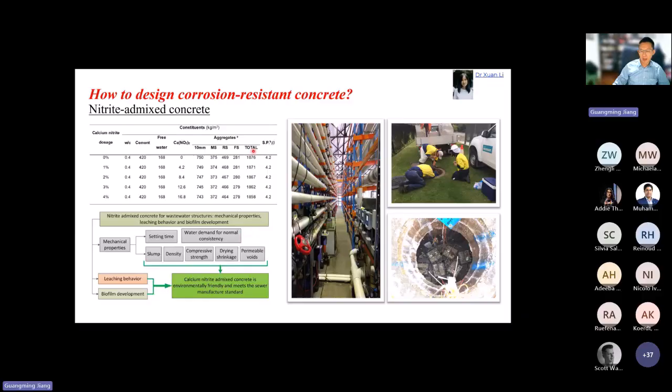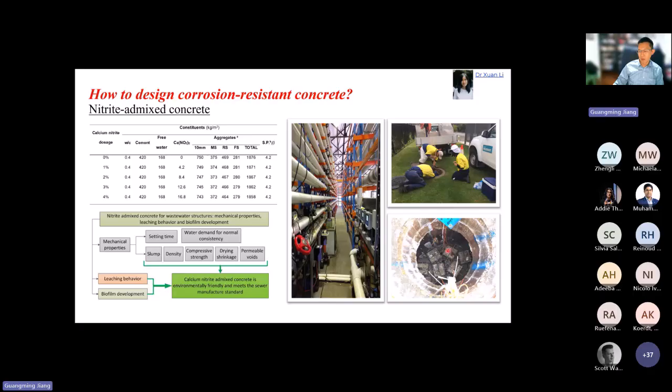So this is a project we worked through a few projects. I think it was an ARC linkage project and some discovery project as well. So we did lab studies, but also did studies in this pilot scale sewer pipes, which is still quite large scale, 1.3 kilometers long.